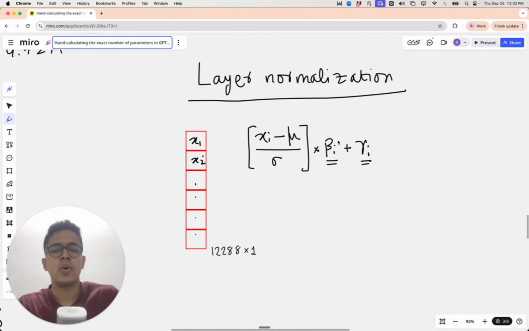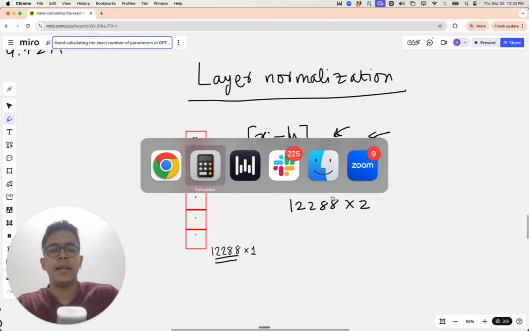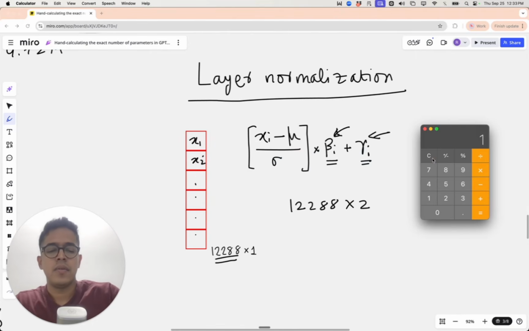So the total number of trainable parameters is however many betas and however many gammas there are. The number of betas will be equal to the number of dimensions, which is 12288. The number of gamma parameters will also be the same, which means the total number of trainable parameters in each layer normalization is 12288 times 2, equal to 24576.